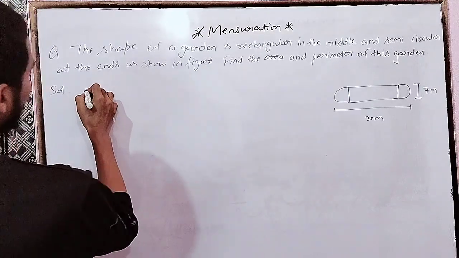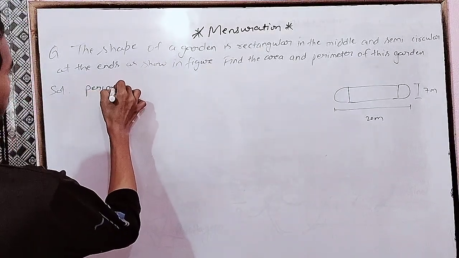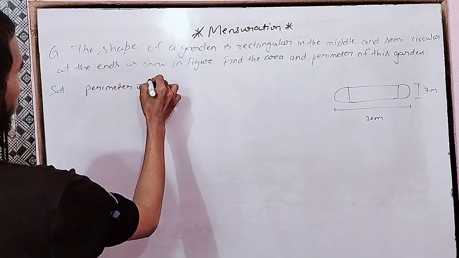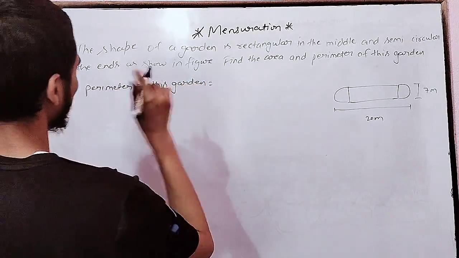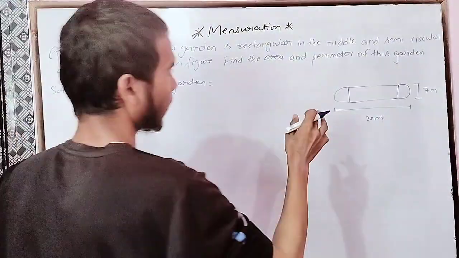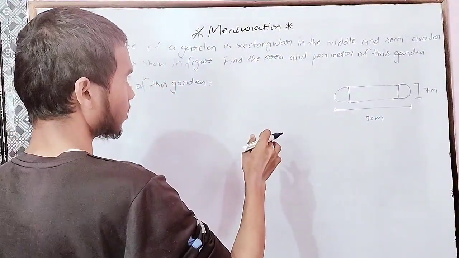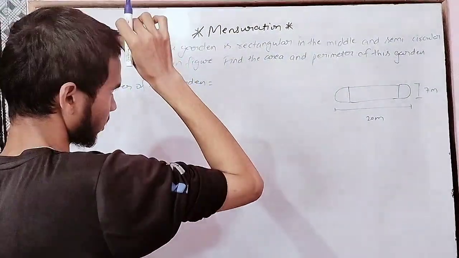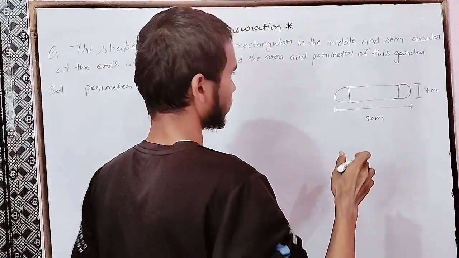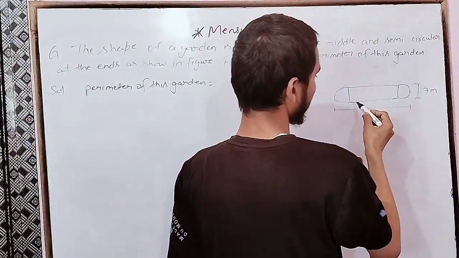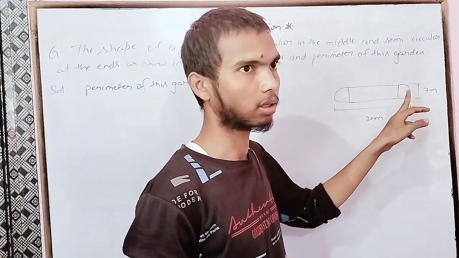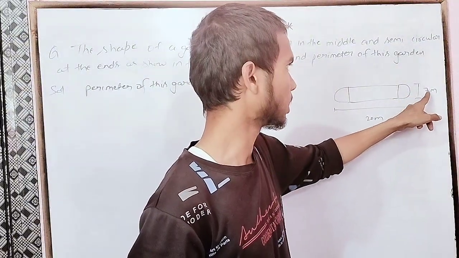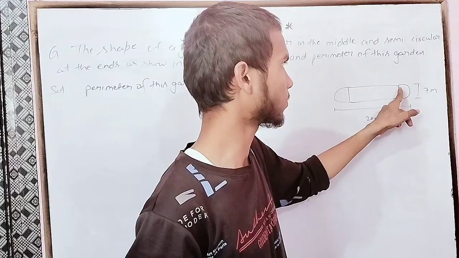Perimeter of this garden would be what? First, can we find what is from here till here? Of course, yes. How much? This is 7. 7 is what?